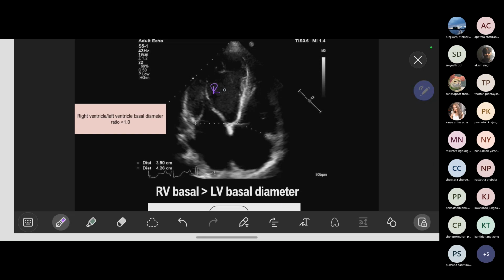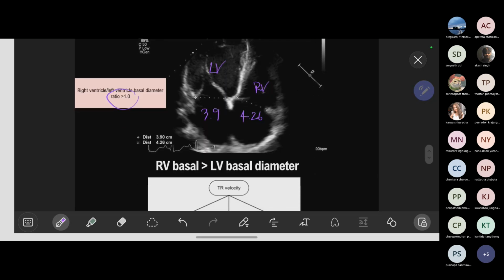This is the LV, this is the RV, and the ratio between RV and LV is more than 1.0.